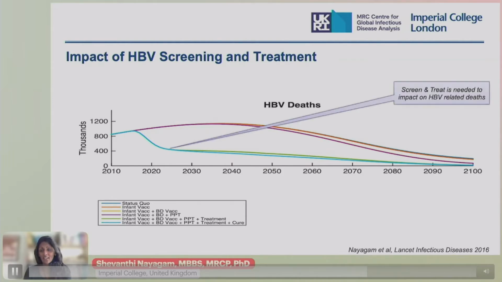Now, this is a global level analysis looking at the impact of different interventions incrementally on hepatitis B related deaths. And what we could see was that screen and treat is really needed to impact on hepatitis B related deaths, because the prevention efforts are going to take a while to impact on the deaths.